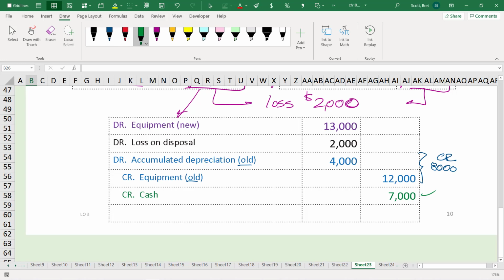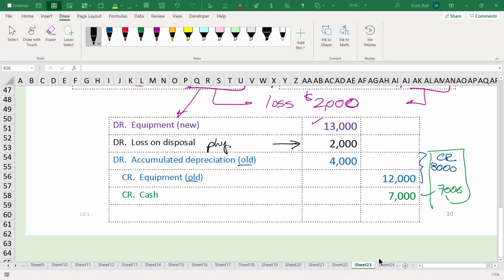So when I look at this, essentially $7,000 credit, there's $15,000 worth of credit entry. I've got a $13,000 debit entry. I must need this plug figure here of $2,000, and it's a debit. So in this case, it's a loss, not an expense, but a loss.